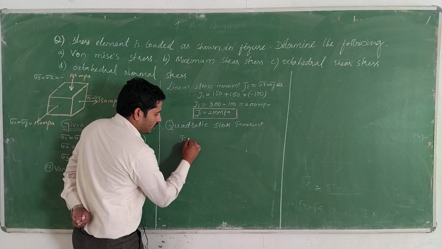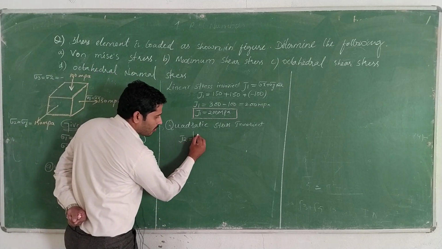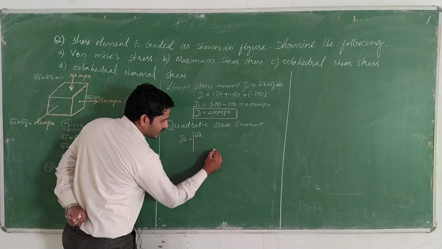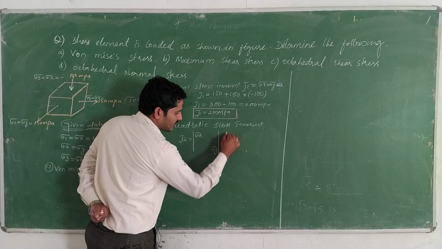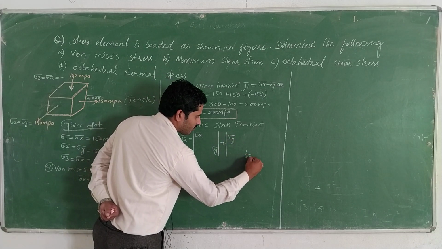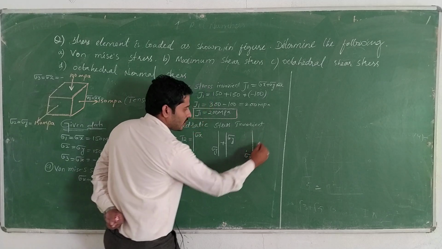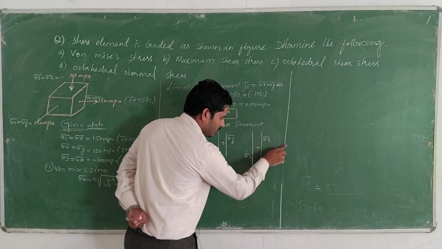J2 equals, always remember here, sigma x sigma y plus sigma y sigma z plus sigma x sigma z.